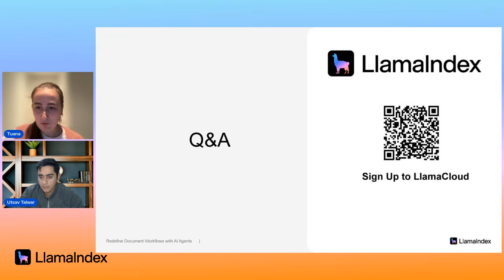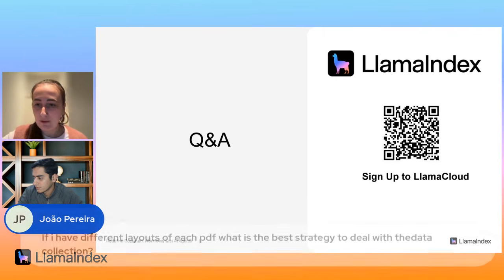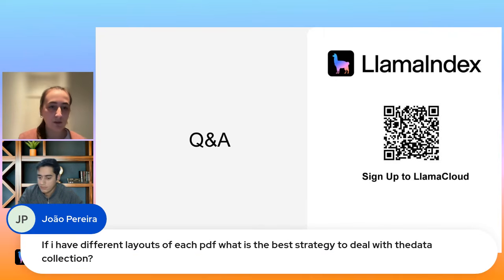All right, I'm going to scroll down. If we have different layouts, this is again, I think, a question about LlamaParse. If I have different layouts for each PDF, what is the best strategy to deal with the data collection? This may require some level of context and or prompt engineering, but the main focus here would be to, even though there are different layouts, focus on whether there is a unified theme.